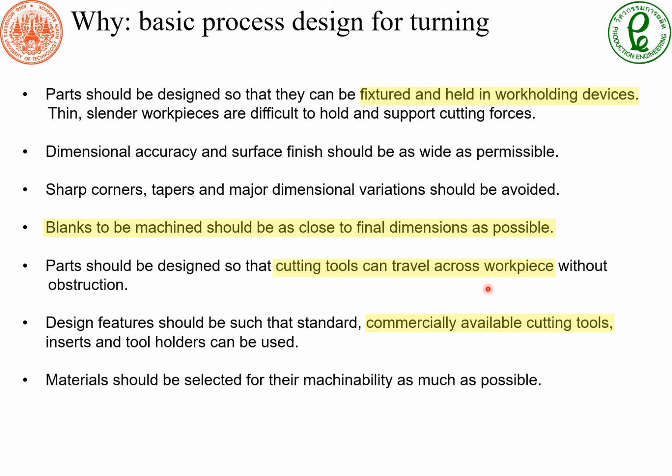We want to make sure that the cutting tool can travel across the workpiece without any kind of obstruction. So when we design this operation, we have to simulate the cutting tool path, and we usually try to use commercially available cutting tools.